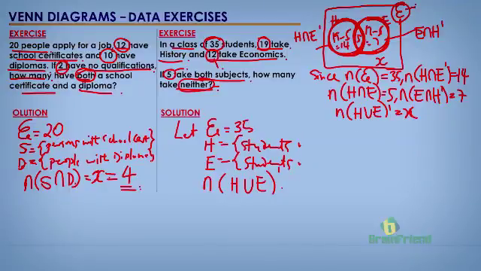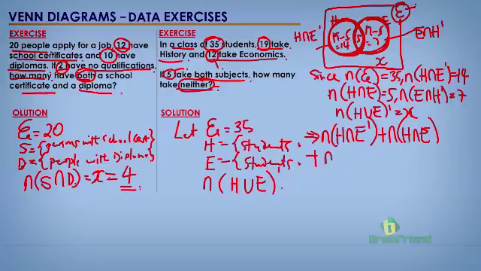Therefore, the total region under consideration, which is the totality of our universal set, would be the cardinality of H intersection E prime plus the cardinality of H intersection E plus the cardinality of E intersection H prime plus the cardinality of H union E prime. That is our region here, which is H intersection E prime.